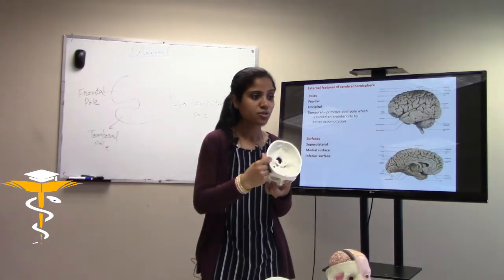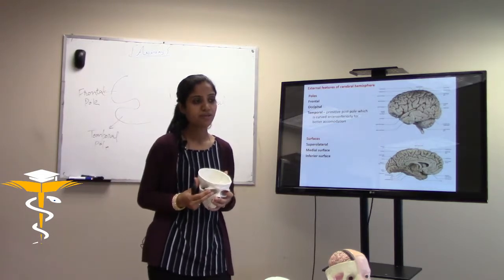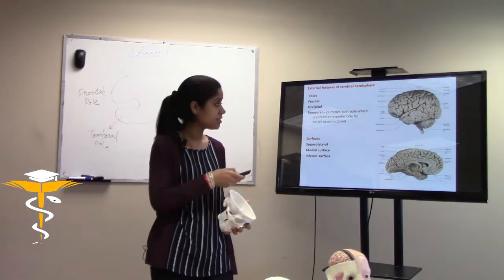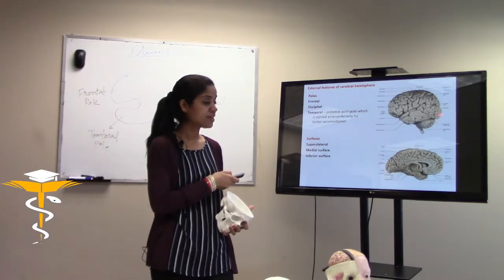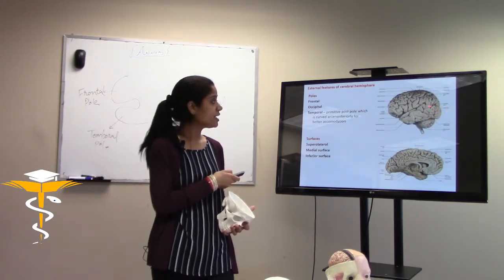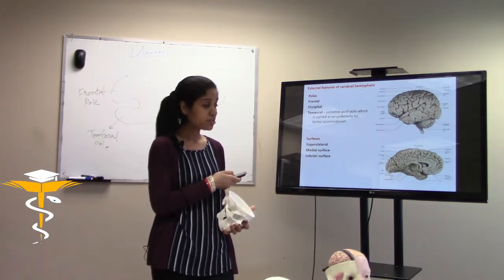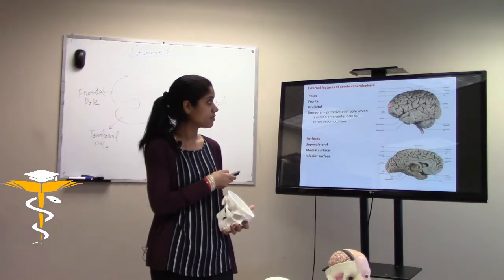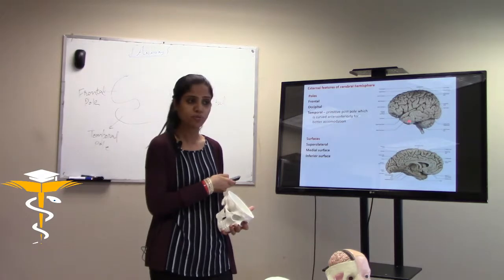All right, so by now you should be able to memorize the three poles of the cerebrum, which are named as the anterior one, that is the frontal pole, the posterior one, that is the occipital pole, and the one below and behind the frontal pole, that is the temporal pole. All three lying in relation to the frontal bone, occipital bone, and the temporal bone respectively.